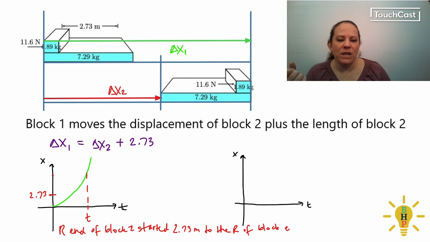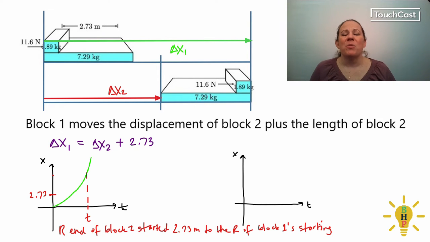So I guess really, I can't get to my eraser. Hang on. There we go. Of block 1 starting point. So I guess really it's actually better to think about this as, in one case, we're going to think about block 1 starting position and ending position as defining our coordinate system.